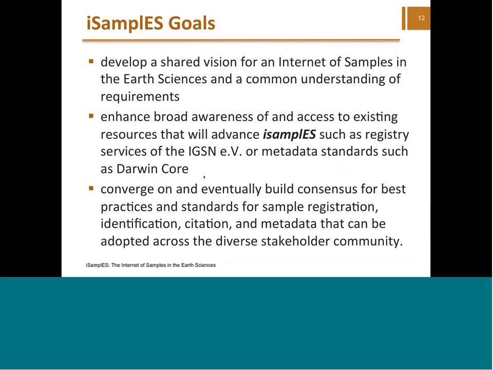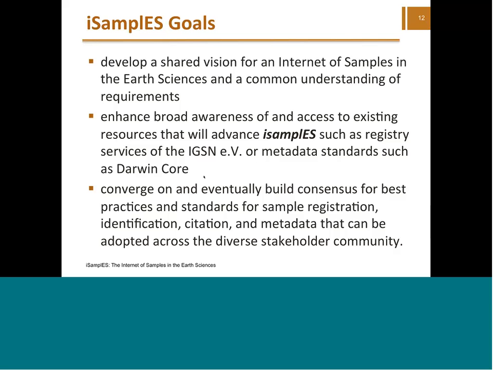have been basically designed to fit within the 2-year time frame that we have to conduct this project. It's to develop a shared vision for an Internet of Samples that actually has participation from all disciplines within the earth sciences and to come to a common understanding of what the requirements are.